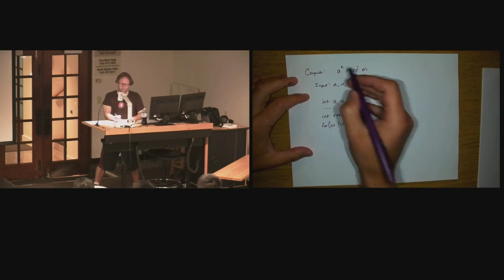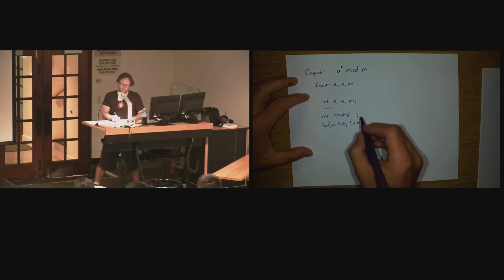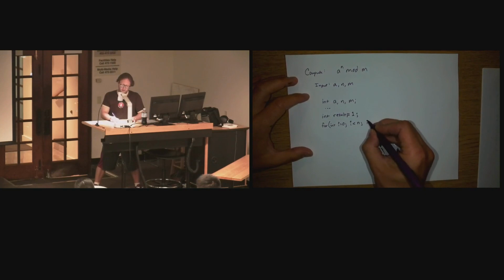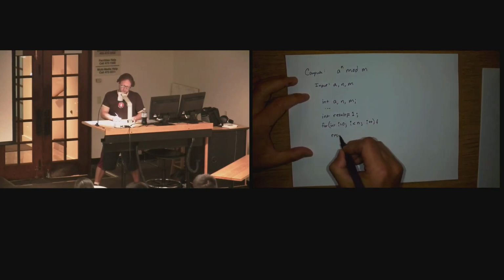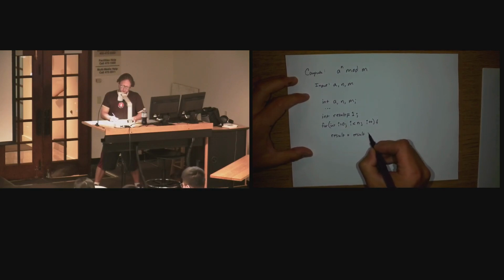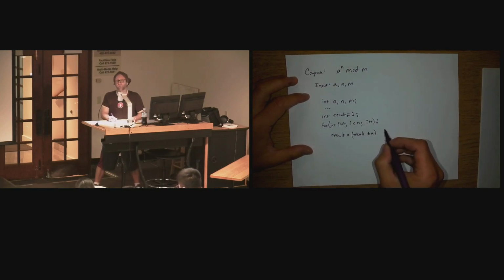How many times? We're going to do it n times here, so where should I start the result? 1, i plus plus. And we're going to set result equals result times a, and then you can take the mod. What is mod in Java and most programming languages? %m.